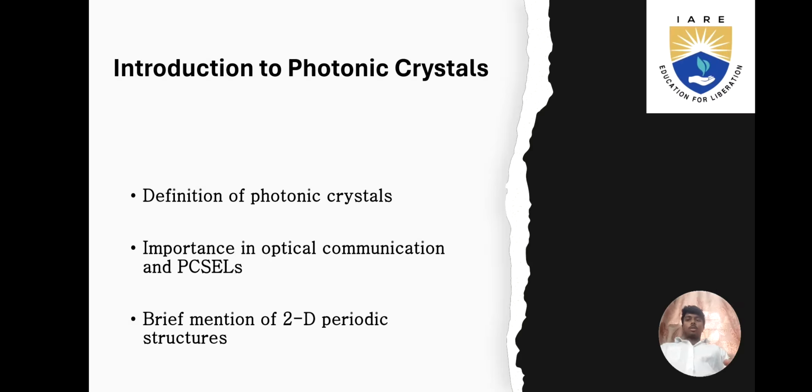There are some applications of photonic crystals. These structures are used in photovoltaic devices, optical fiber, filters, sensors, and waveguides. Their ability to control light at specific wavelengths opens technological avenues for energy harvesting, telecommunication, and quantum information processing.